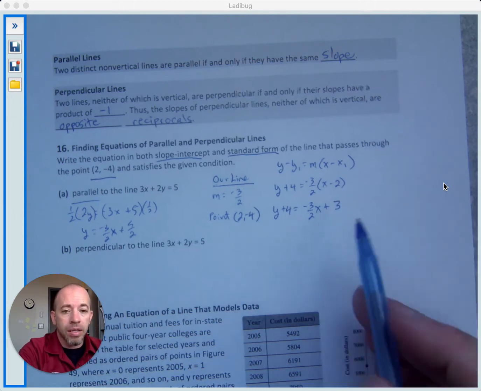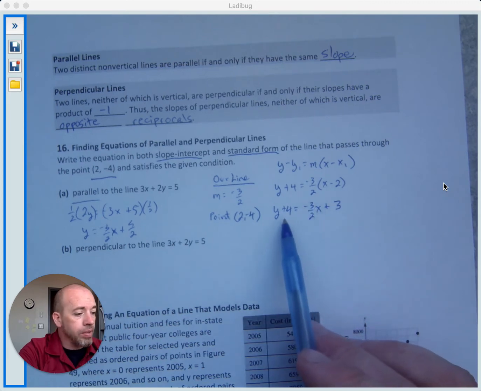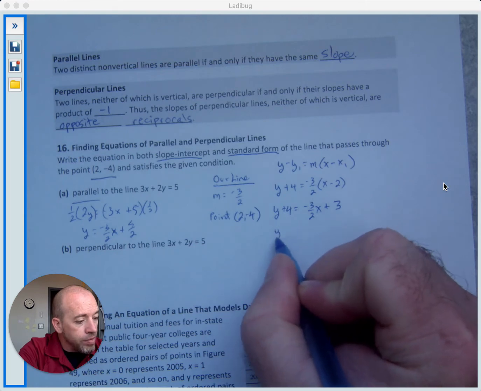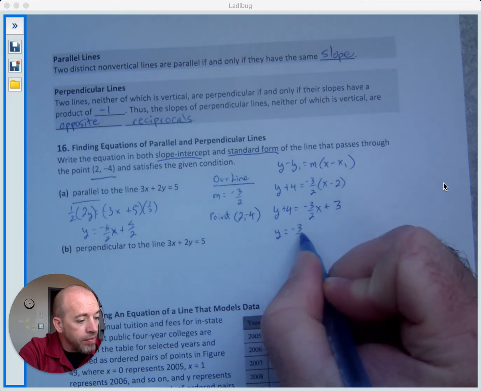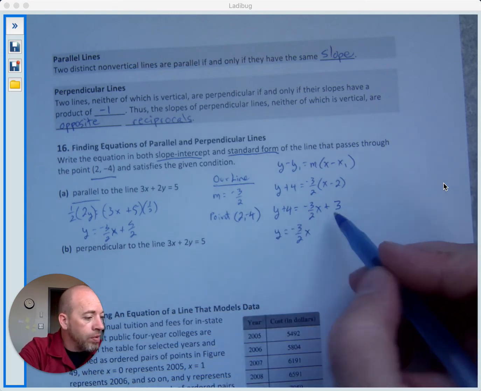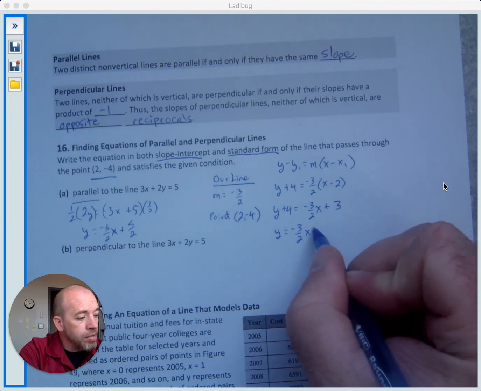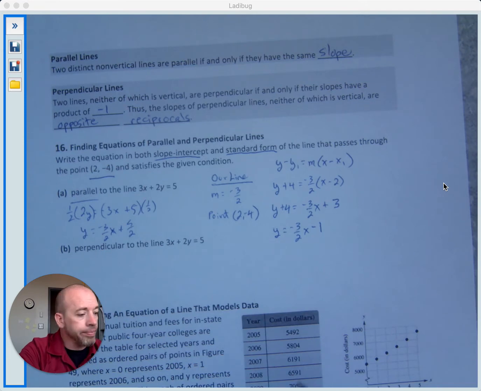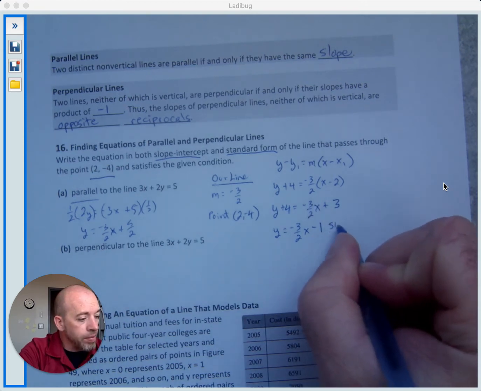Okay. And now we need to subtract the 4 from both sides. So y equals -3/2 x, subtract the 4, we get -1. So there is our slope-intercept form, right? So this is slope-intercept.